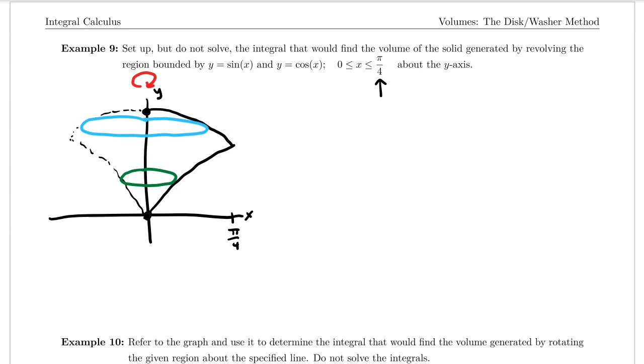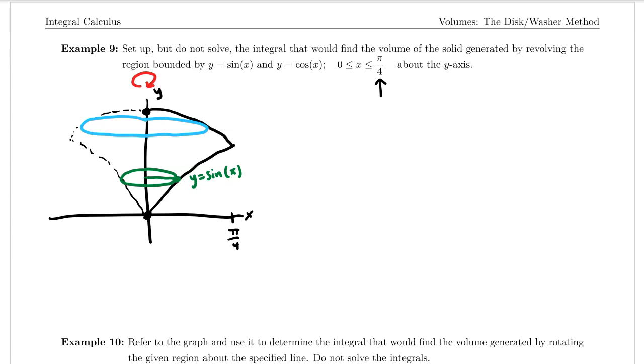Okay, so let's go ahead and start with the green disk that I've drawn here, and I want to find the radius of this disk, and that's essentially the distance from the y-axis to our sine curve, because this is y equals sine of x here. So we want that distance.